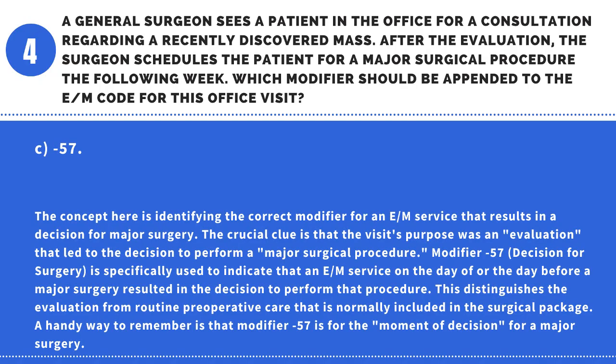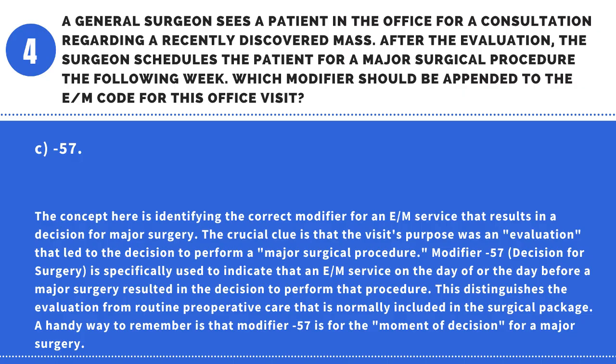Answer: C. -57. The concept here is identifying the correct modifier for an E/M service that results in a decision for major surgery. The crucial clue is that the visit's purpose was an evaluation that led to the decision to perform a major surgical procedure.